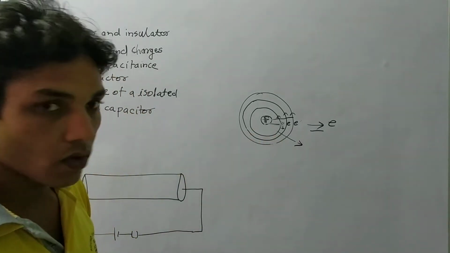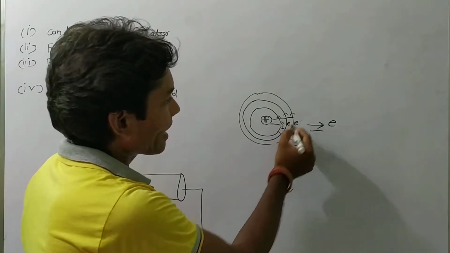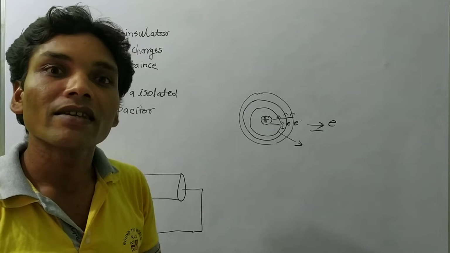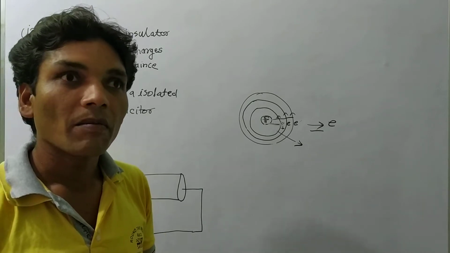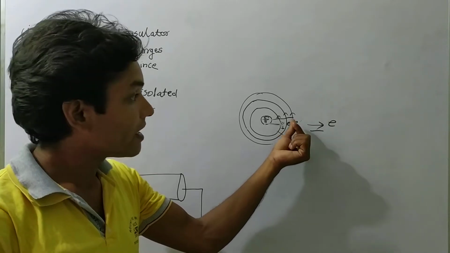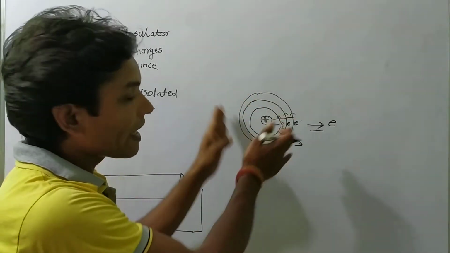This outer electron can be removed by increasing temperature or by thermal agitation. It may be detached from the atom.